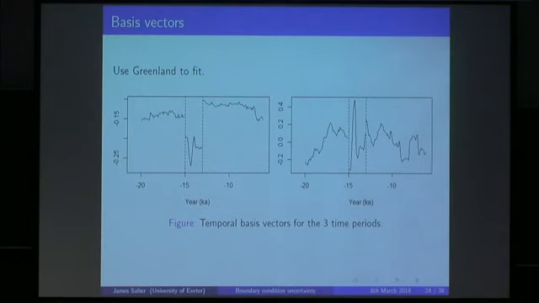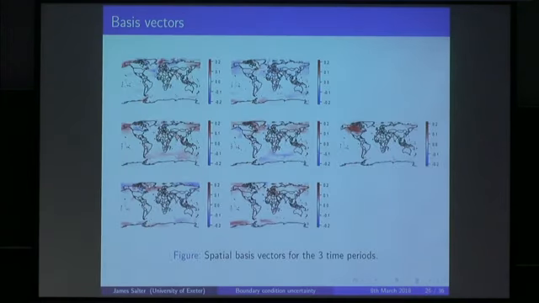So this is almost a repeat of what we had before. We use Greenland to select our temporal basis vectors because we're really interested in this spike, which doesn't really show up in all the existing GCM runs. So we make sure we have that there, and then we fit spatial vectors for each of the 3 time periods based on this.